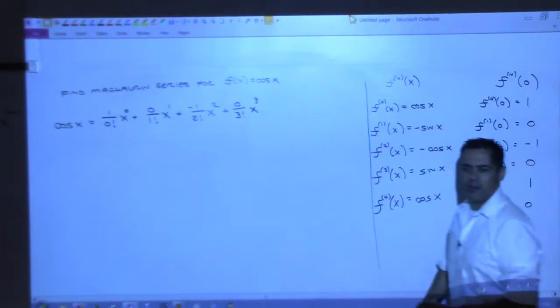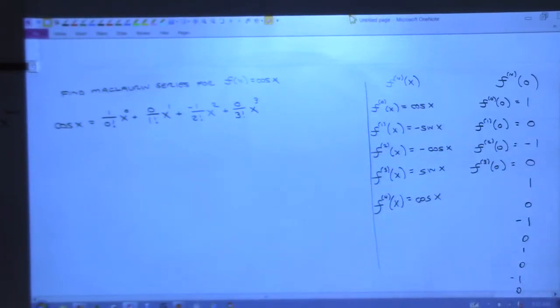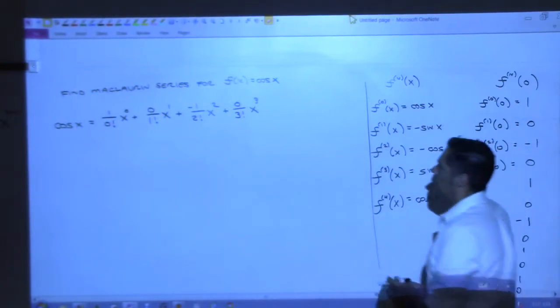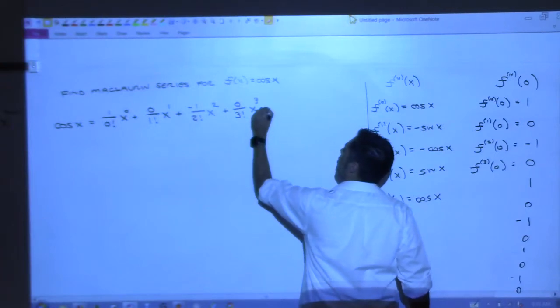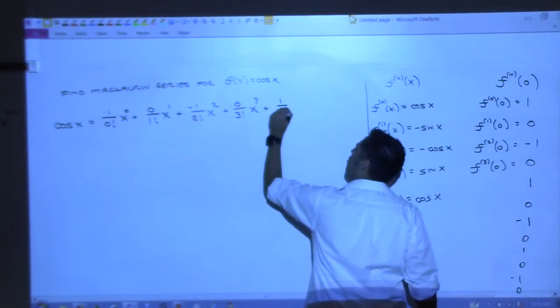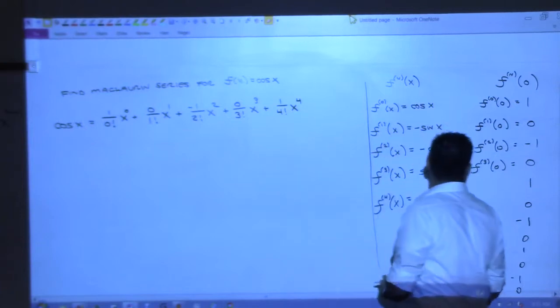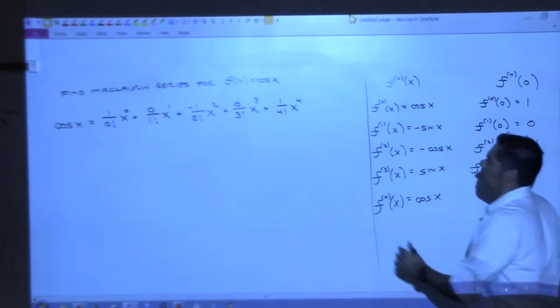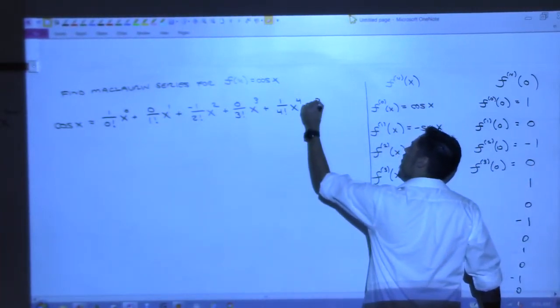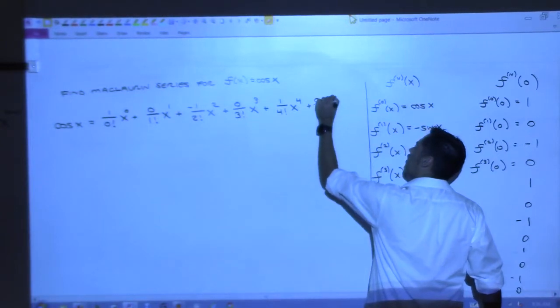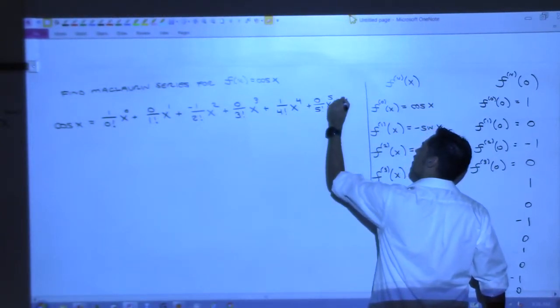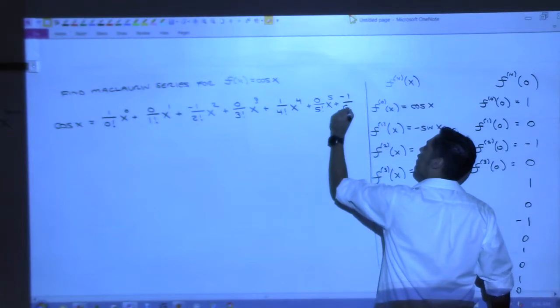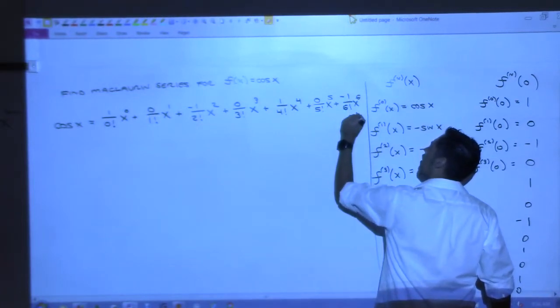Do you notice where all the zeros are? They're on all the odd powers of x, and all the ones are on all the even powers of x. Okay, next one, plus 1 over 4 factorial, x to the 4th. So we're right here now. So plus 0 over 5 factorial, x to the 5th, and then plus negative 1 over 6 factorial, x to the 6th, plus dot, dot, dot.